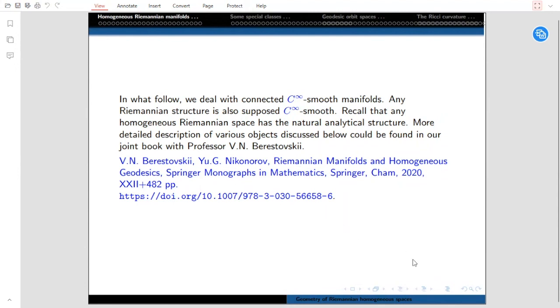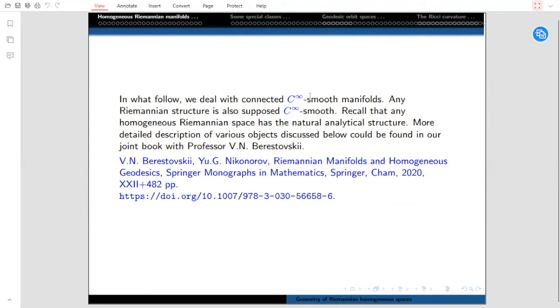Actually, yes, you write C infinity smooth, right? But do you have an example where they're not analytic but C infinity smooth? No, of course not. You talk about homogeneous, right? It's analytic in general, but we should not use this assumption in advance because it's automatic.